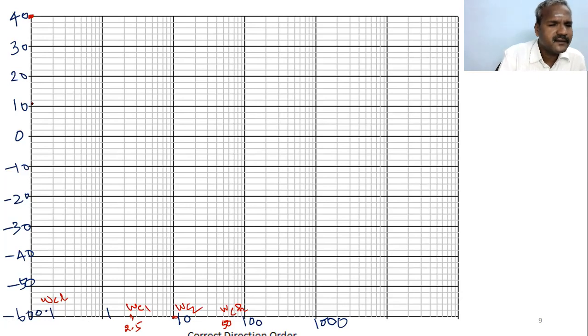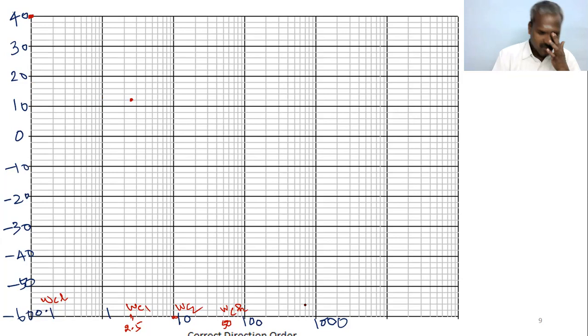Your two readings, 10, 12, 14, 16, 18, 20. So 12. So in the 2.5 omega C1, this is the magnitude, okay, against 2.5.